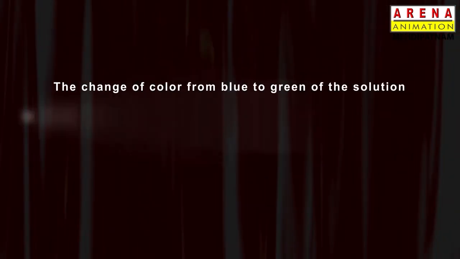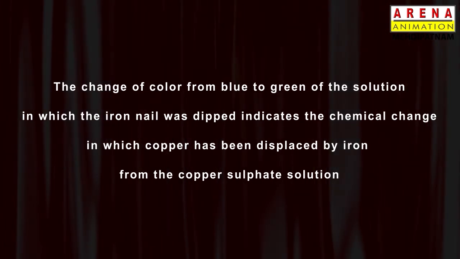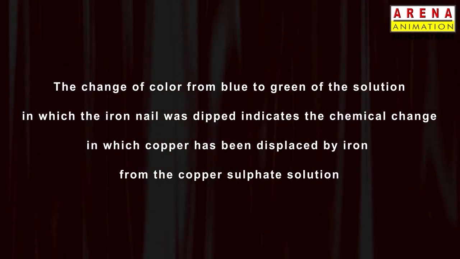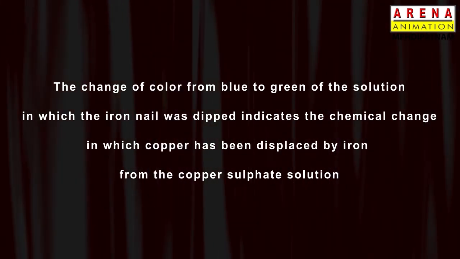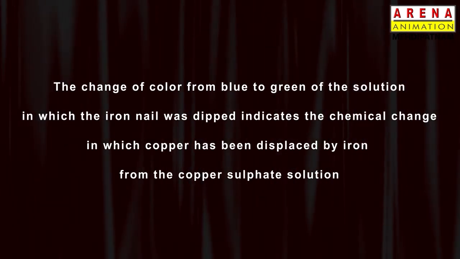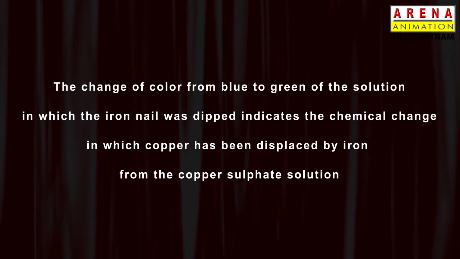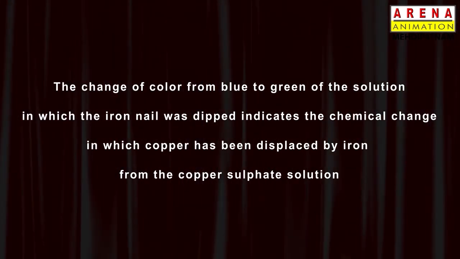The change of color from blue to green of the solution in which the iron nail was dipped indicates a chemical change in which copper has been displaced by iron from the copper sulfate solution.